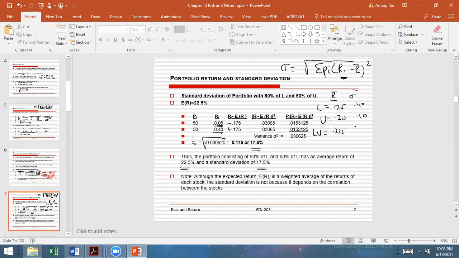But the standard deviation is 17.5, more towards the L side, not the one in the middle. And that's because they are correlated, but not fully. In fact, they're negatively correlated, because remember, when one stock went up 70%, the other one went down negative 20%.